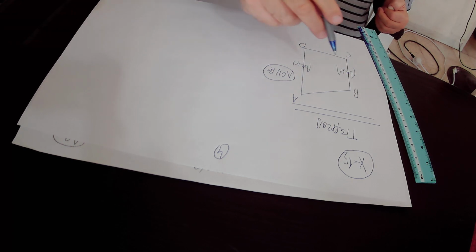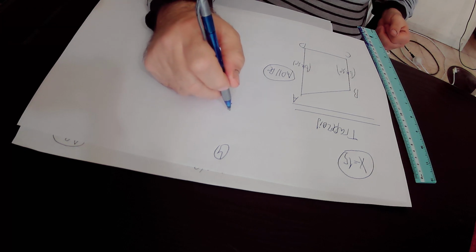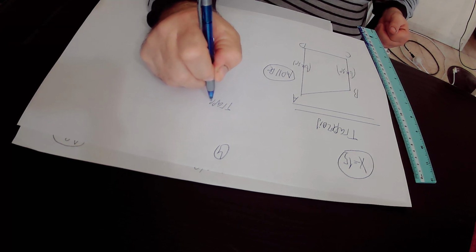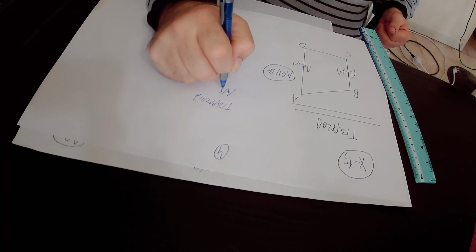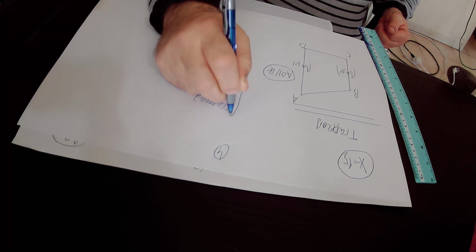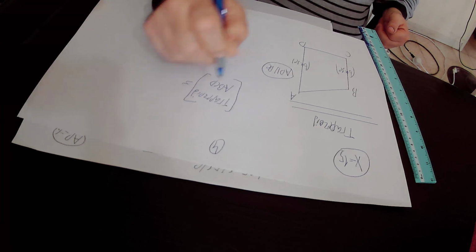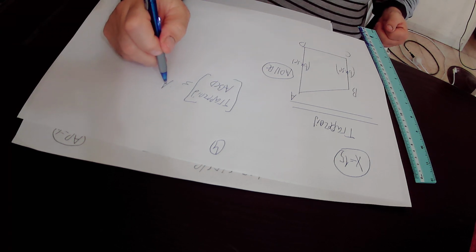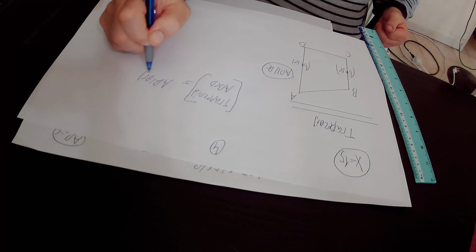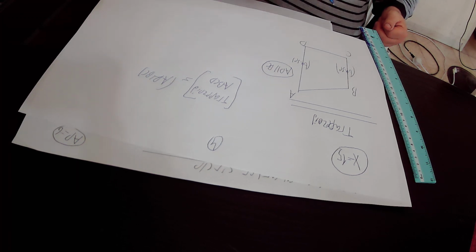So what is the area of this trapezoid ABCD? The area of trapezoid ABCD equals the sum of its bases, that is to say AD plus BC, times the height.